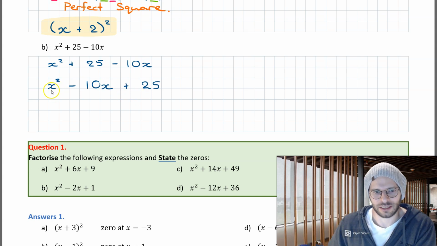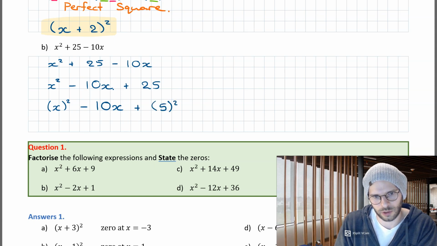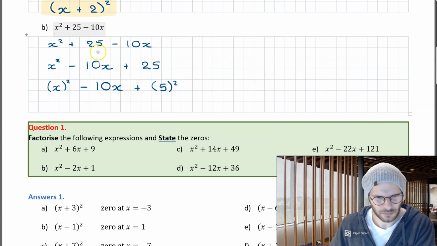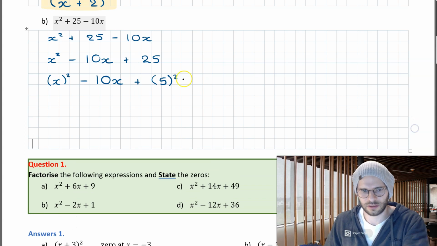Now we need to check for the perfect square situation. So again, I'm going to try and square root the first and the last term. The square root of x squared is x. So it's x outside squared, minus 10x goes here, plus the square root of 25 is 5, and 5 squared. Okay, so this is looking all right so far.